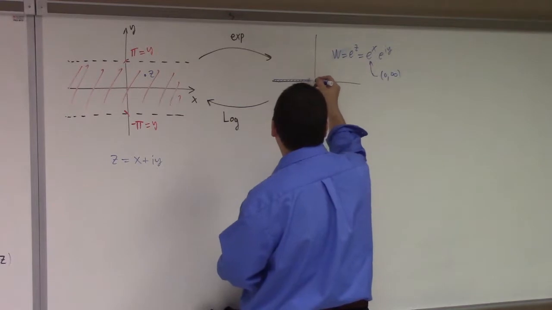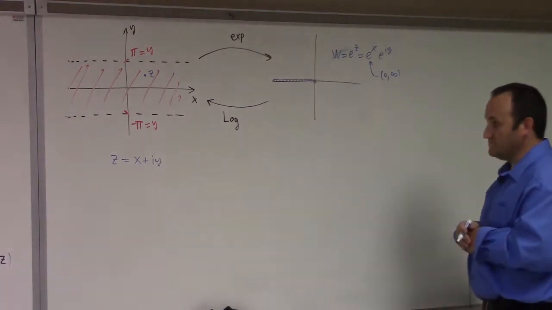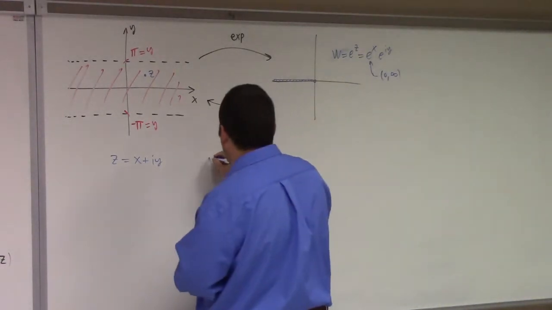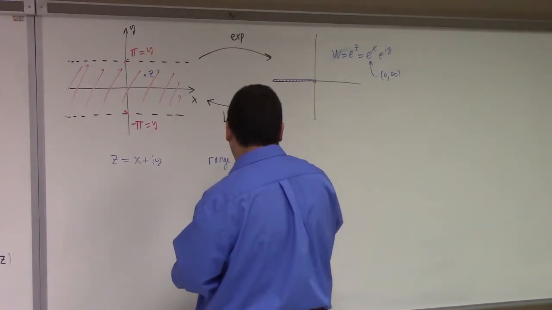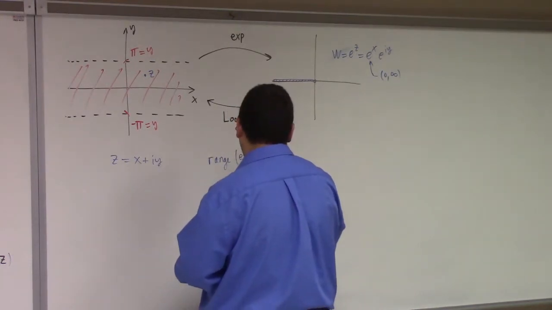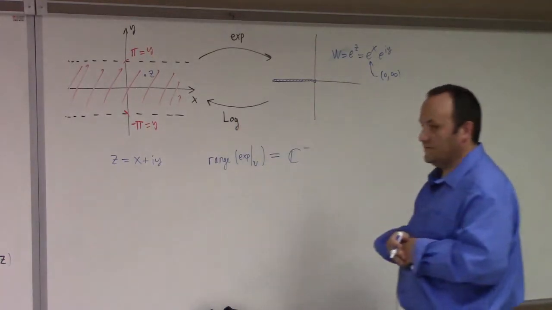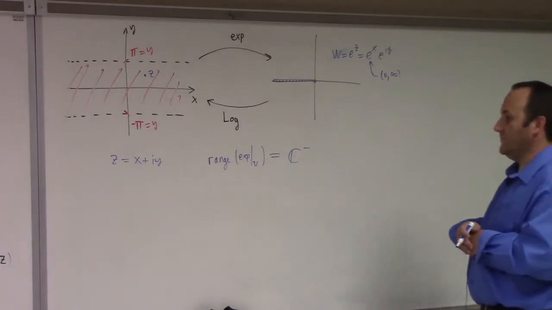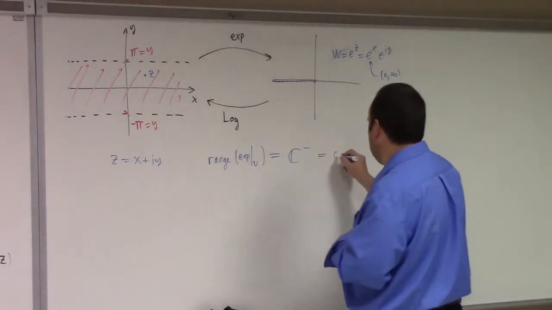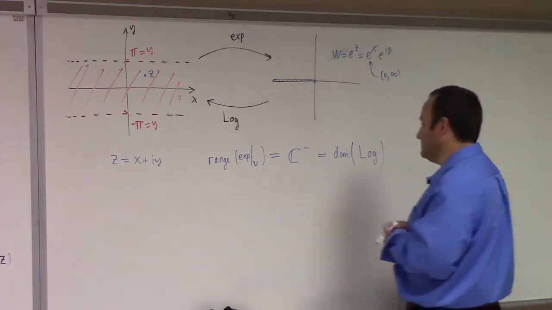So the image, the range of the exponential restricted to the strip, which I'm calling u for the purpose of this discussion, is the slit complex plane. And the range of the restriction is the domain of the local inverse, which we call the principal logarithm.